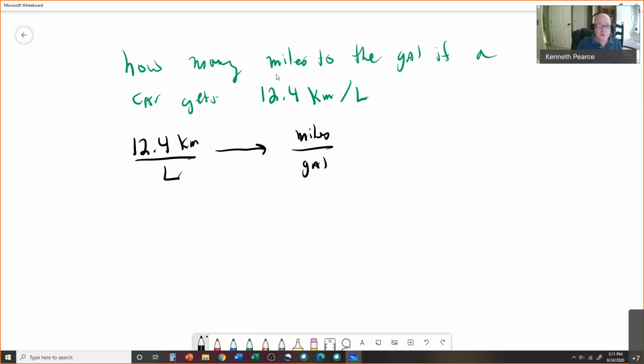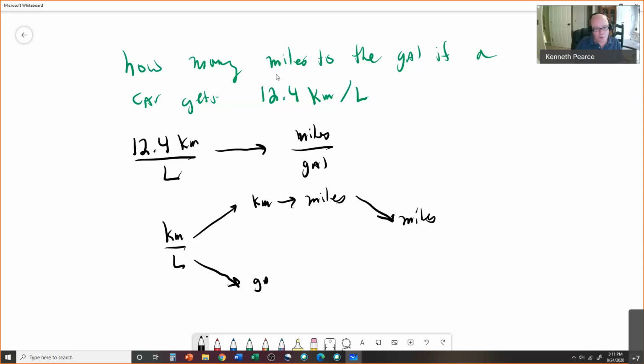The easiest way to do this is to split out into two separate conversions. You go kilometers to miles, and then you split out the liters and go liters to gallons, and then you recombine at the end to make it miles per gallon.